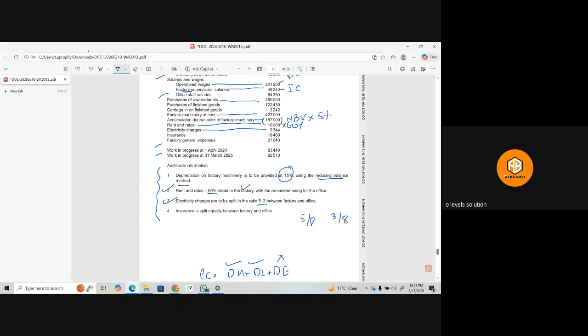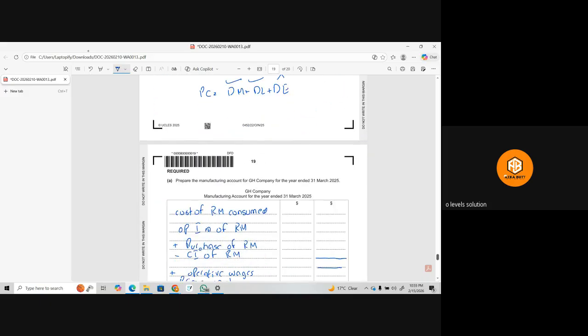These are the electricity charges, so you will multiply this by 5 over 8. Then they are saying that insurance is split equally between the factory and office. So this is the insurance. You need to simply multiply this by 50%, or you can multiply it by 1 over 2. The rest of the things you will write as they are.